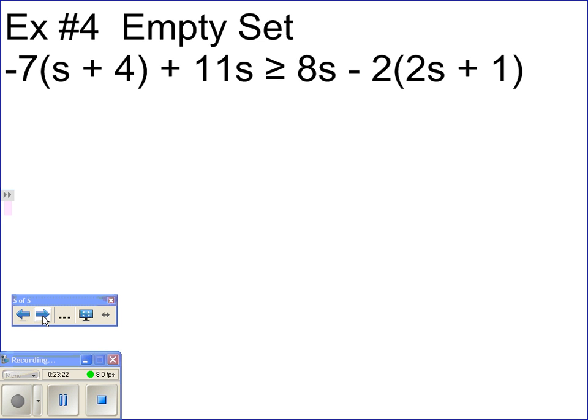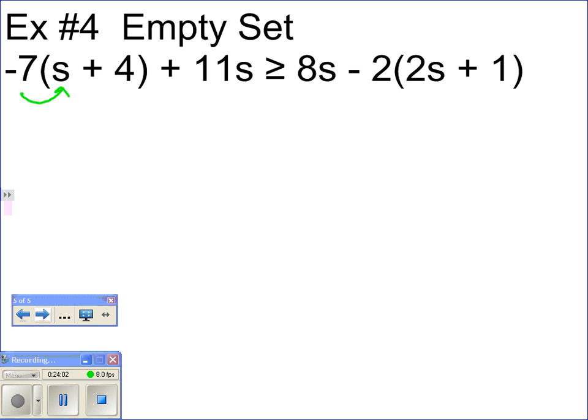I'll give you 30 seconds to copy this down and do the distributive property only. Okay, distributive property.